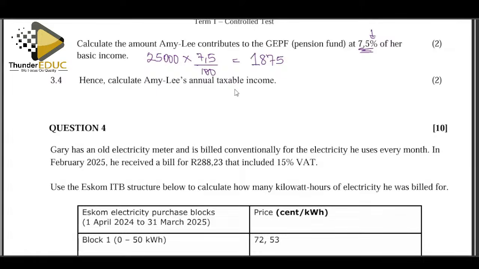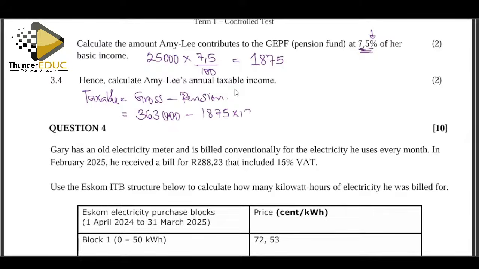Hence, calculate Amelie's annual taxable income. Remember, when we are looking for taxable income, what do we do? We take the gross minus pension. So here in this case, our gross, we already got it as 363,000 minus the pension, which is 1,875.